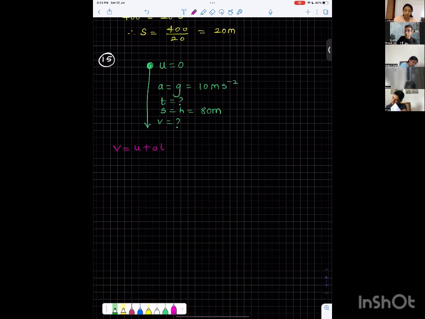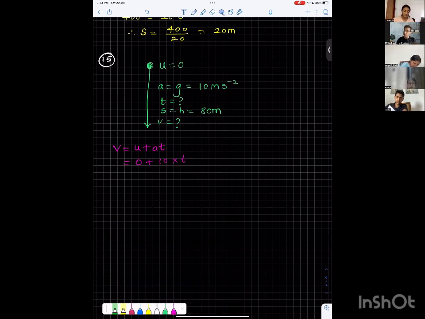Directly you'll get it with that. Got it or no? There are two parts, guys. We can't solve with this formula.